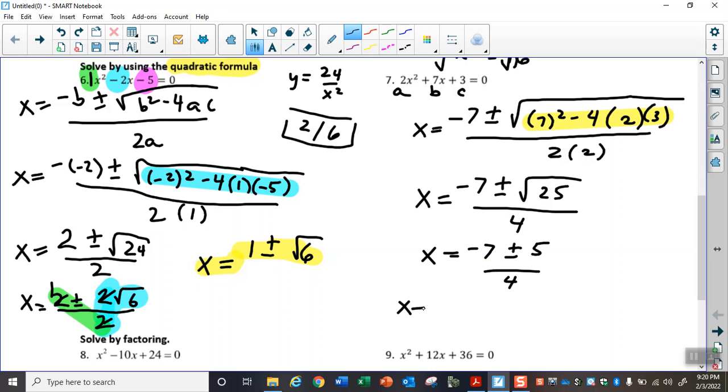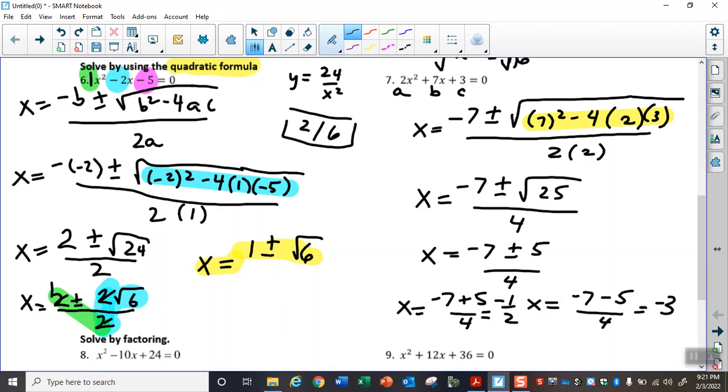So now I've got x equals negative 7 plus 5 all over 4, and then x equals negative 7 minus 5 all over 4. All right, and when you do this, you get negative 1/2. And when you do this one, you get negative 3.